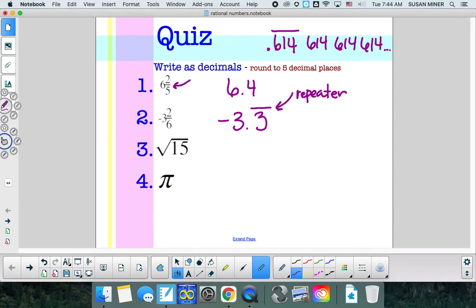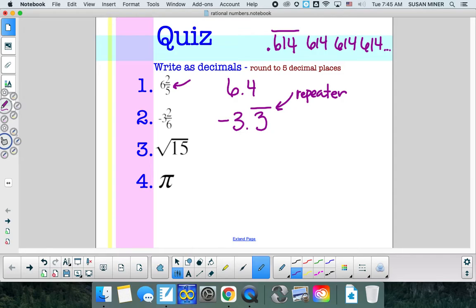But for today, we're going to use the square root button on our calculator, whatever calculator you have, and we're going to put in the square root in order to get a decimal approximation. So if I put the square root of 15 in my calculator, you'll want to get a calculator that has a square root function on it, and you're going to put in square root of 15.